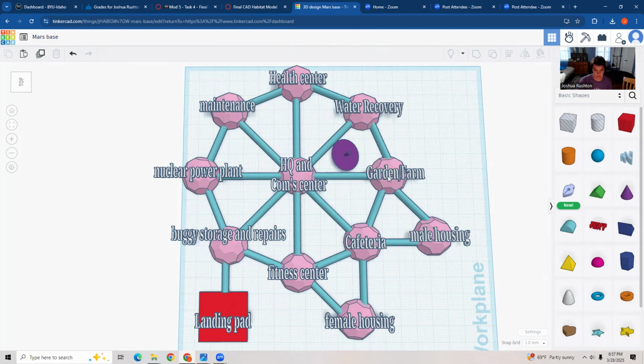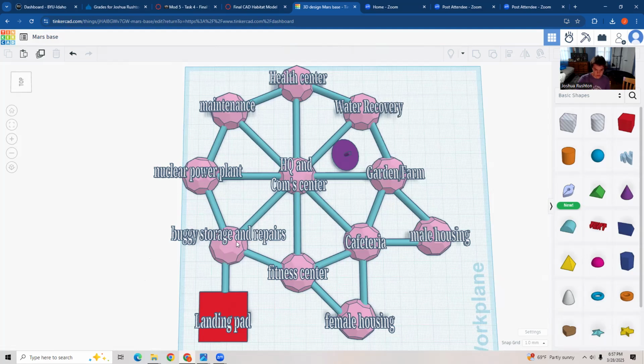That's where all the tools for repairing things will be. Next, we have the nuclear power plant, which will contain a small nuclear power plant to power all of this.